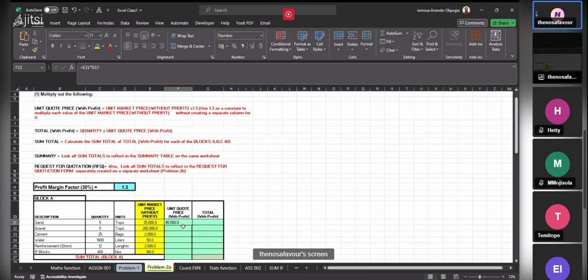Now that the dollar has increased, you don't want to keep running at that same profit margin factor, except you want to run out of business. So that made us decide, as an instance, to change our margin factor to 0.5 instead of 1.3. That was just an instance, I think it's not part of the question. I just cited an instance of why it's essential that we make use of the cell instead of the content of the cell. Did I answer your question?